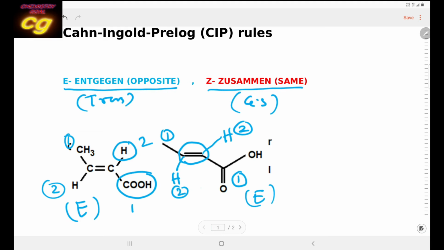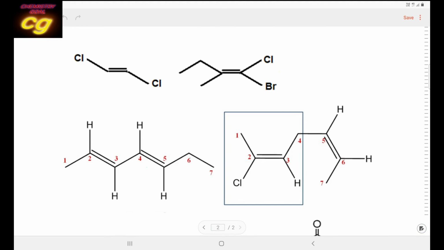So on the basis of priority order, we can write the isomers, whether E or Z. Similarly, other examples we can take. Here this structure shows hydrogen not shown, but you have to write the hydrogen here.